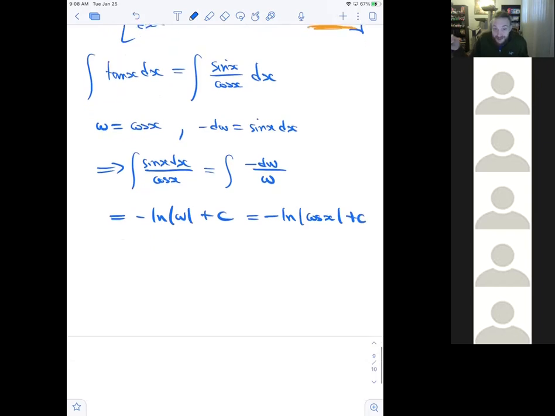And then the book puts it as a natural log. The negative on the outside becomes a natural log of 1 over cos x plus c. The negative on the outside became the exponent on the inside.